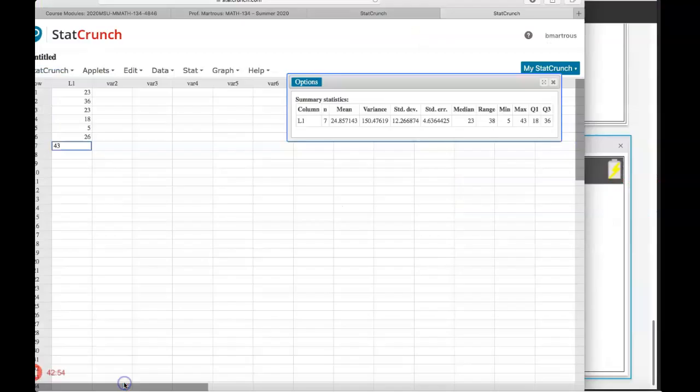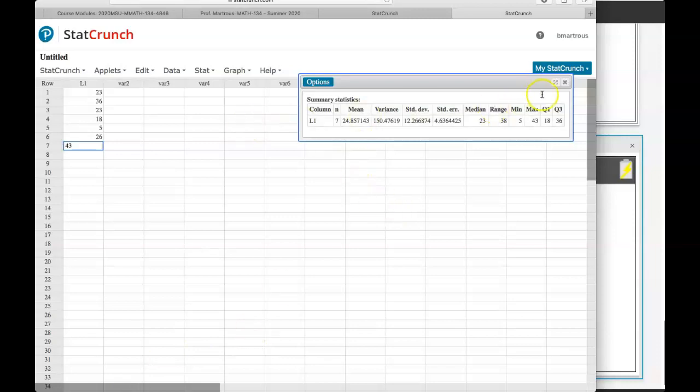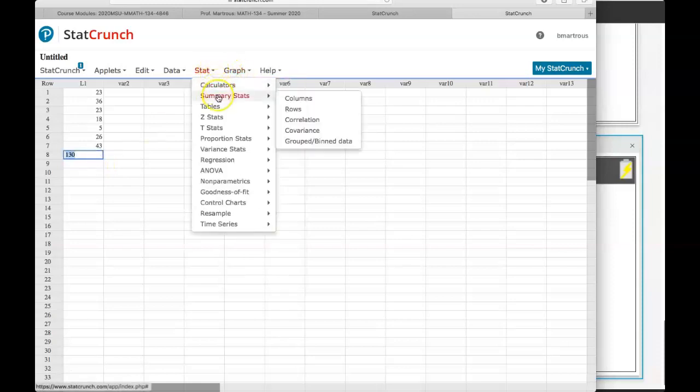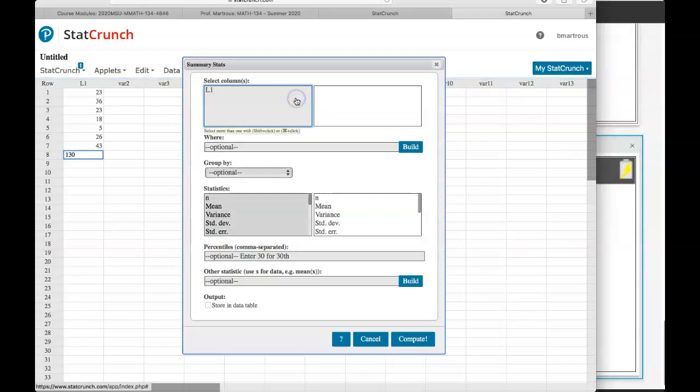Okay. So we had this one for before the new hire, and we added one more. Exactly the same numbers, but adding 103 here. So again, Stat, Summary Stats, Columns.